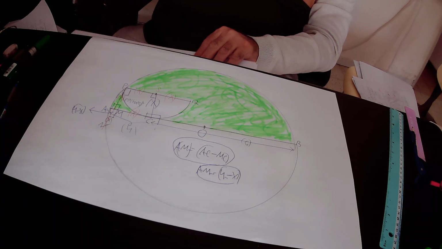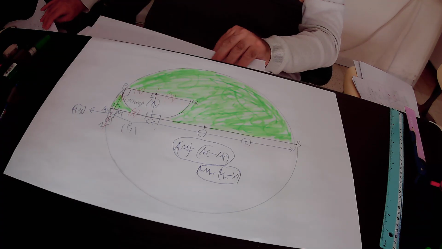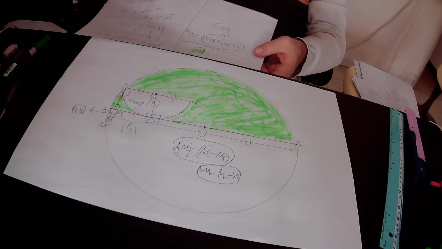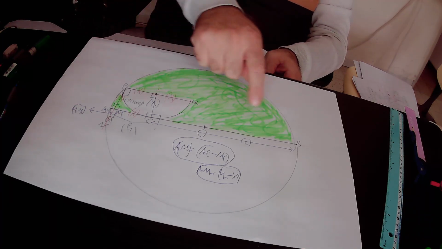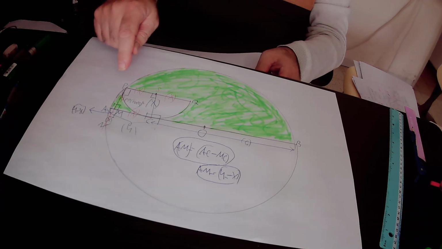So we can actually implement rule 24 in our drawing. Why? Because in our drawing we have chord AB, and it's actually the diameter of this big semicircle.